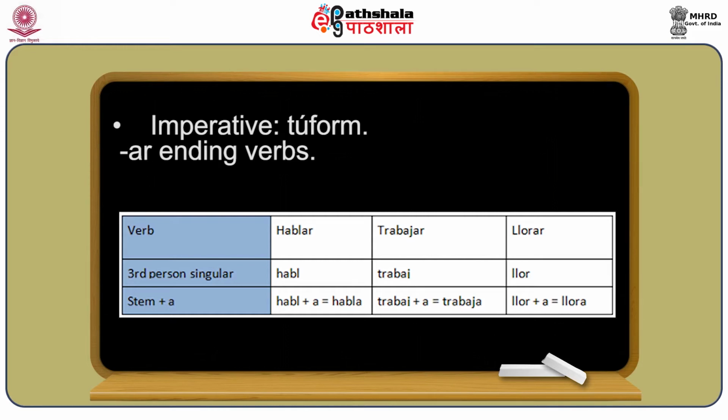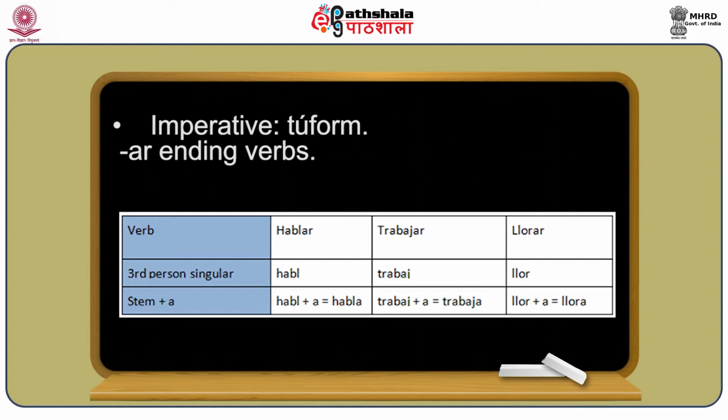So the él, ella, usted form of the AR verb generally takes a. So we remove the ending and we add a to the verb. For example, let's see the verb hablar. Hablar in the third person singular was habla, or él, ella, usted habla.